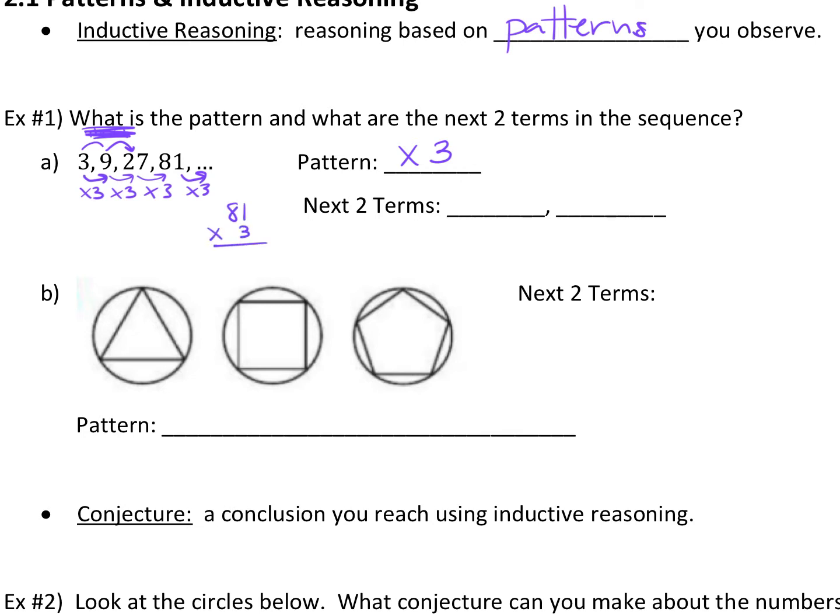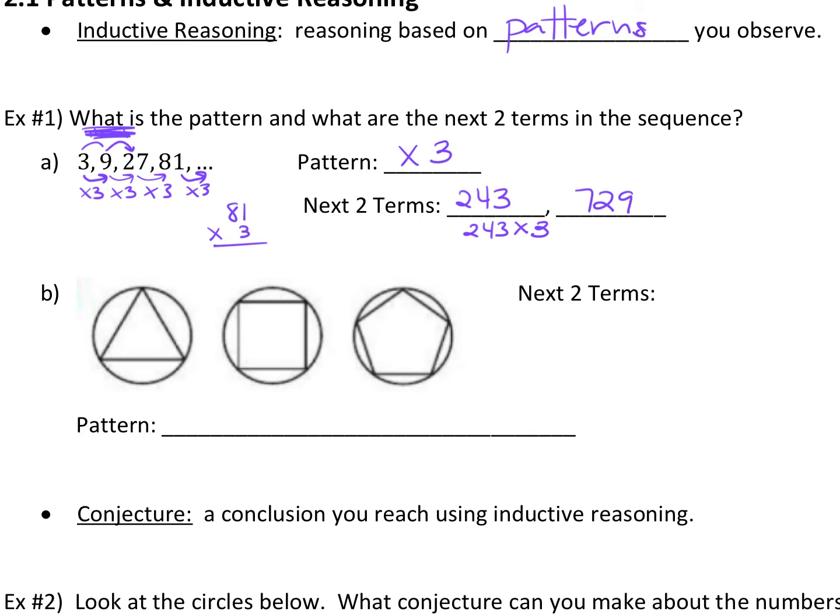Do you remember doing multiplication like that? 240... 243. You're allowed to use your calculator on these, by the way. So then for your next term, what are you doing? Same thing. 243 times 3, and you get 729.